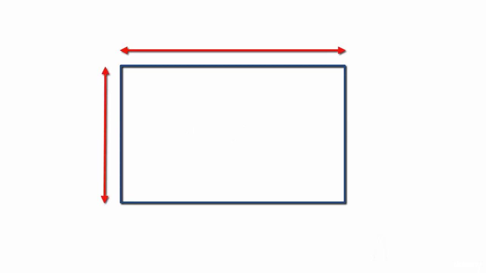The biggest paper size in the ISO A series is the A0, and the area of that paper is 1 meter square. Also, if you divide the length of that paper by its width, the resulting value will be equal to √2, or 1.414.